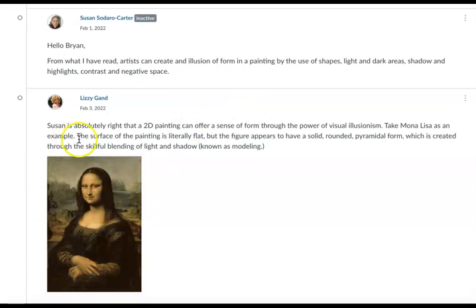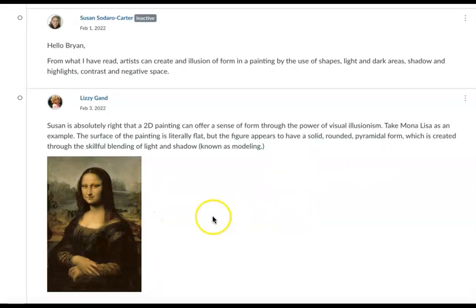And so my example here is our good old friend, the Mona Lisa. Literally, that's a flat surface. It's on a wood panel. And yet you see her form as having a solidity, suggesting of depth, suggesting that we have a three-dimensional form that wraps around in space.